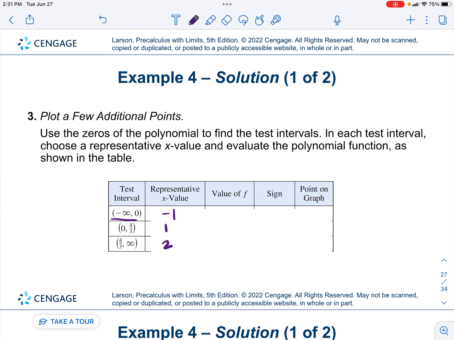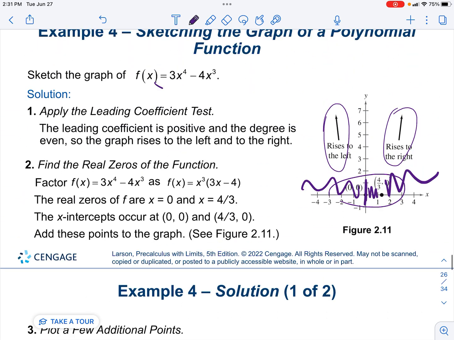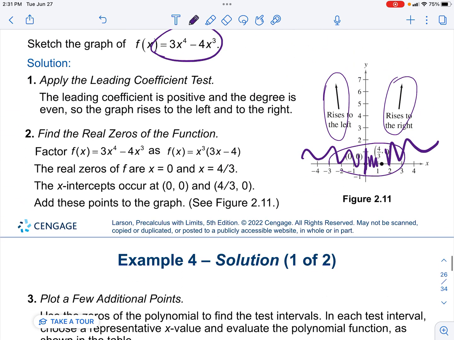Then you go and you plug those into the original function. If you plug in -1, f of -1 is 7. F of 1 is 1. And I haven't done 2 yet, so let's go back and plug that in. The original function is 3x to the fourth minus 4x cubed.